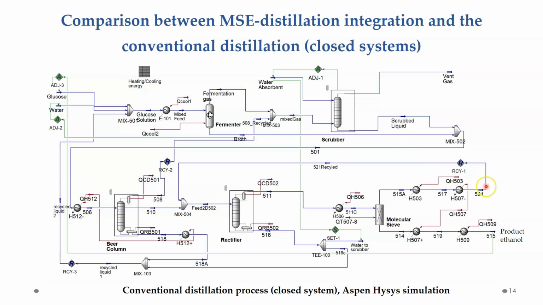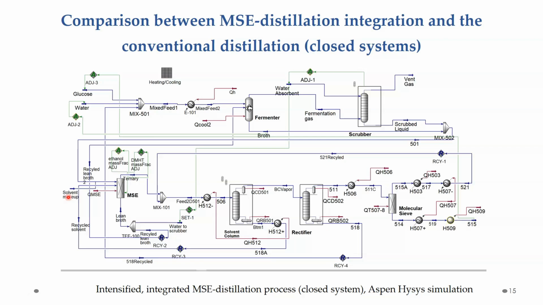For example, this stream is recycled, and this stream, and this stream are also recycled for use. Except the required input feed materials such as glucose and water, and the outlet streams such as vent gas and the product ethanol, all other streams are recycled. So, it is relatively a closed system.